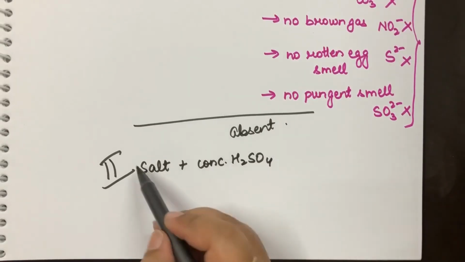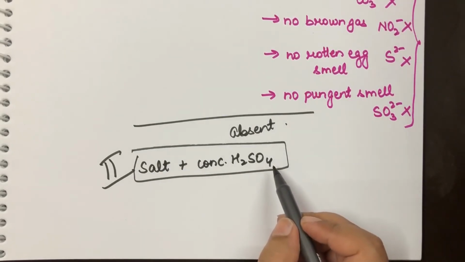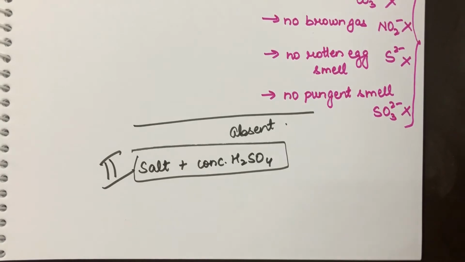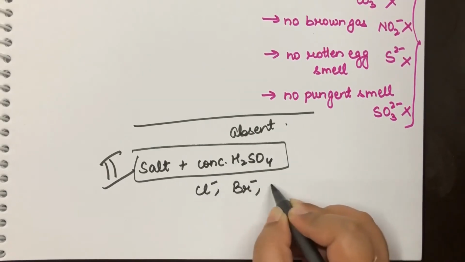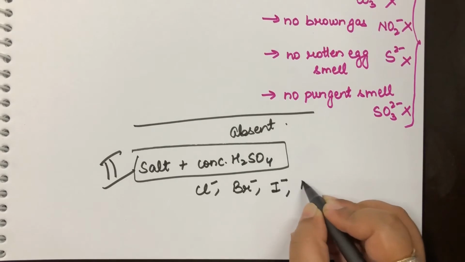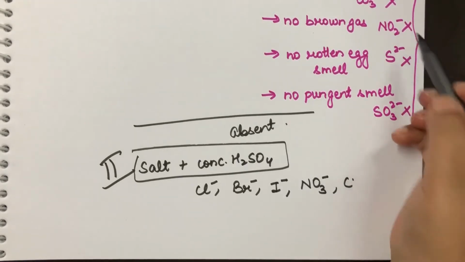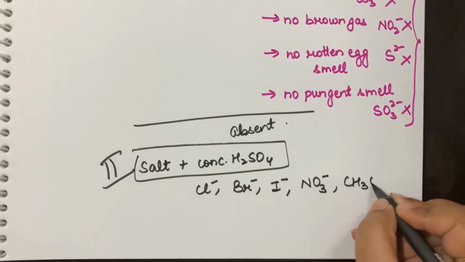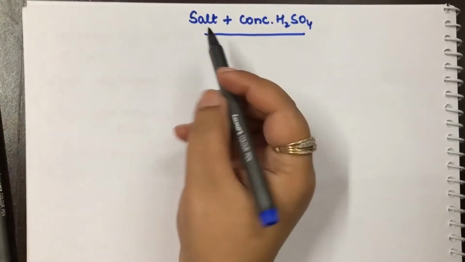And next, we'll start analyzing all the anions that are present in the concentrated H2SO4 group. What are those anions that we are looking for in this particular group? It is your chloride, bromide, iodide, nitrate (remember, this was nitrite in the previous group), and acetate. I'm adding salt plus concentrated H2SO4.